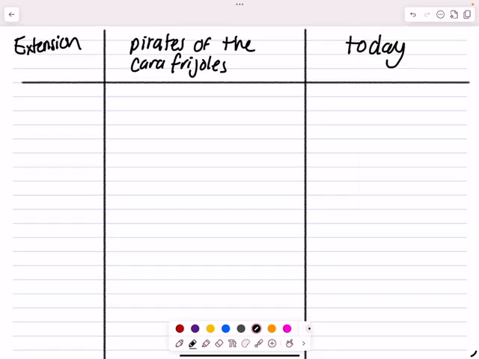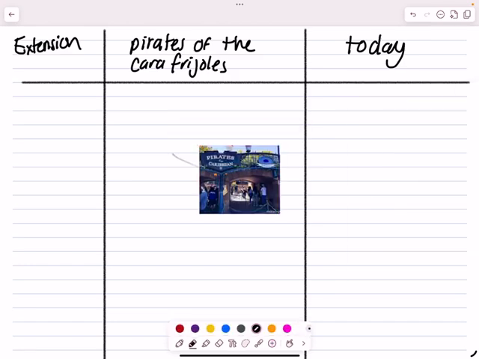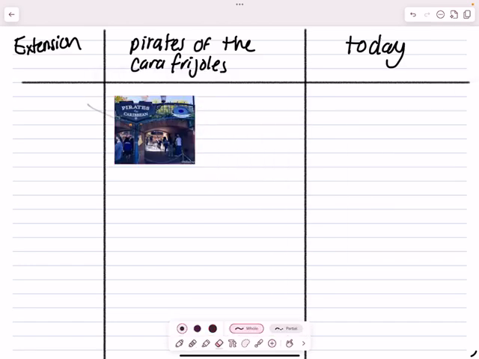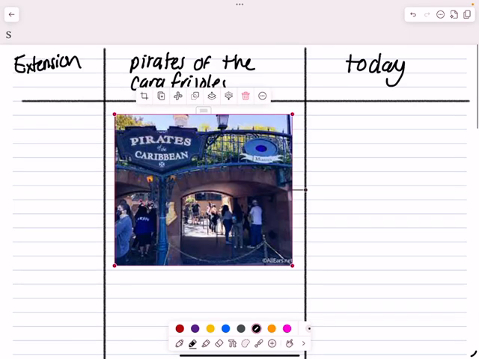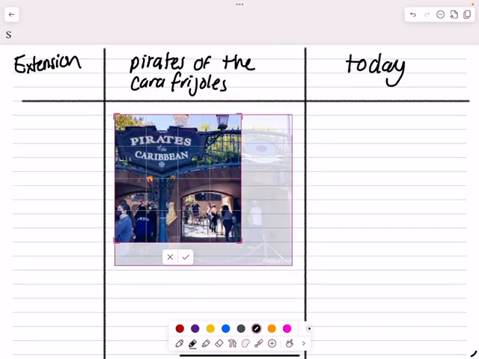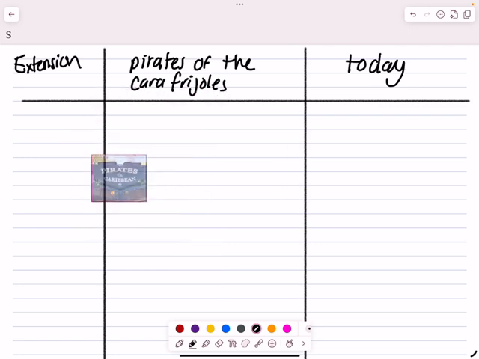The piratas. Okay, so here we are. So here's our pirates. And here is our entrance. And Pirates has two entrances. One over here and one right here.